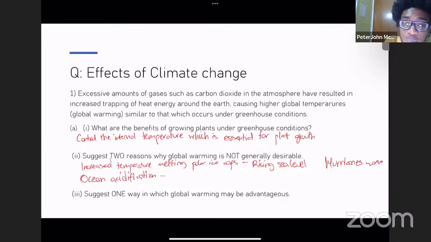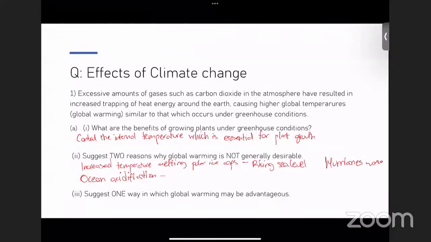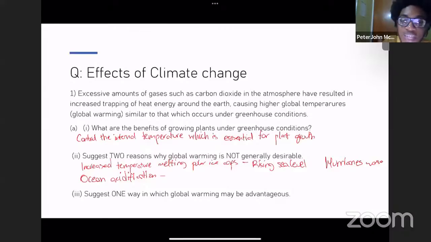If you're dissolving more carbon dioxide, you have more weak acid, I think it's carbonic acid, being dissolved within the ocean. So you're just increasing the acidification. That's not very important to know, but if you want to know, that's all I'm telling you. It's not a thing you need to know.